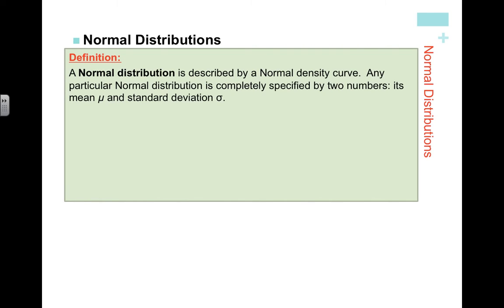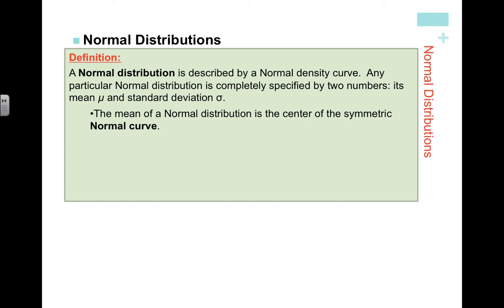A Normal distribution is described by a Normal density curve. Any particular Normal distribution is completely specified by two numbers, its mean and standard deviation. The mean of a Normal distribution is the center.